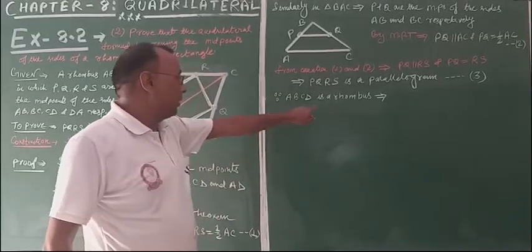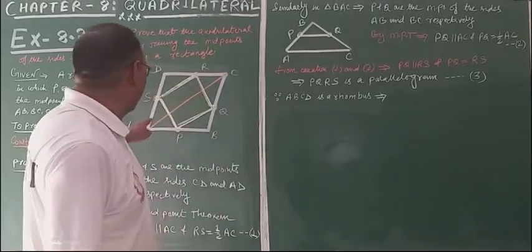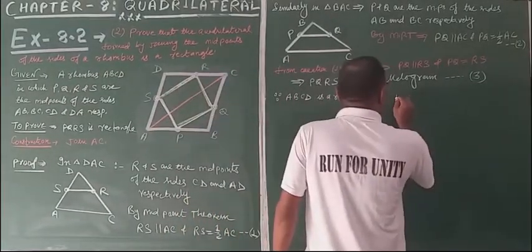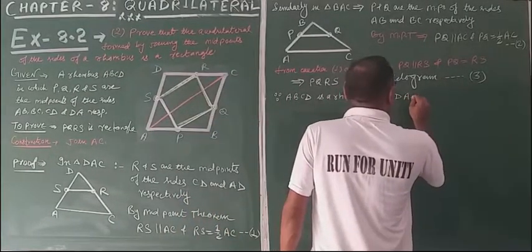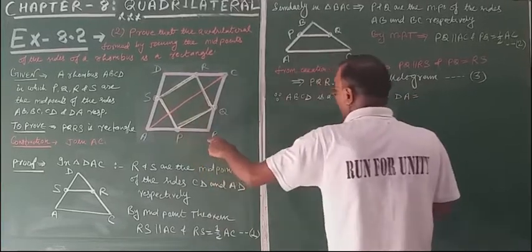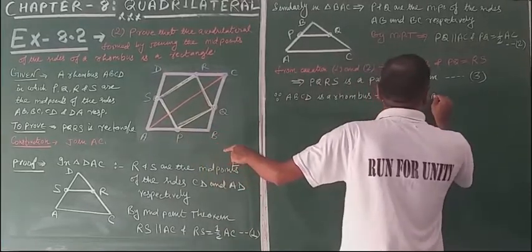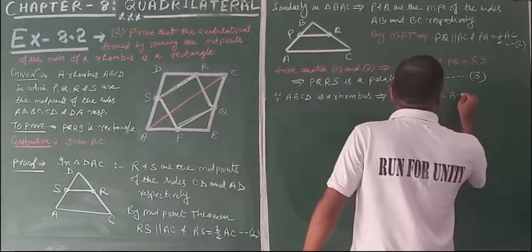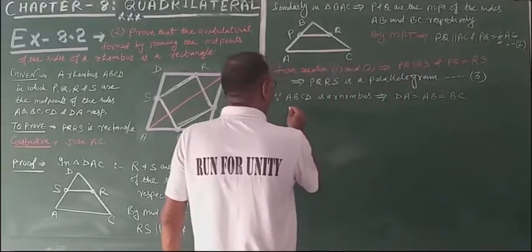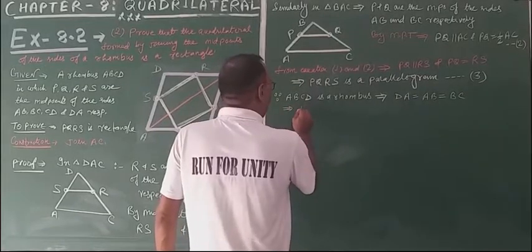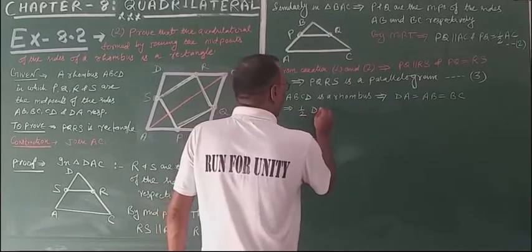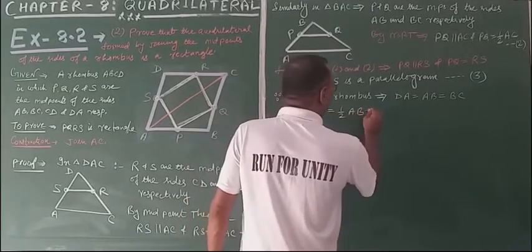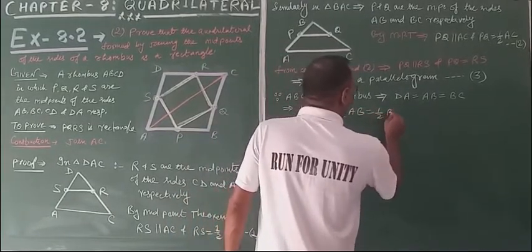Now, since ABCD is a rhombus, this side DA will be equal to AB and equal to BC. If they are equal, then their halves are equal: half of DA will be equal to half of AB and half of BC.